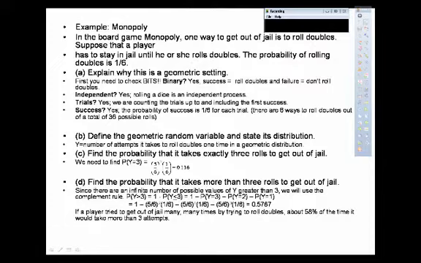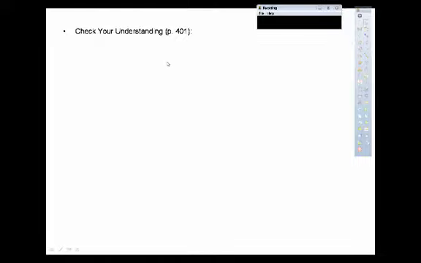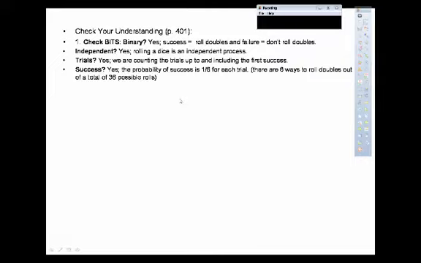All right? Okay. Check your understanding. So stop. Check your understanding on 401. Check BITS. And, of course, it is binary. Successes are roll doubles. Failures are don't roll doubles.